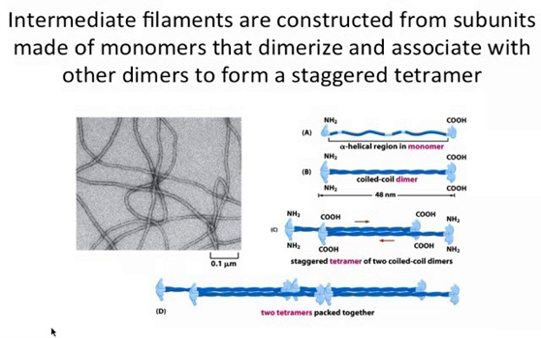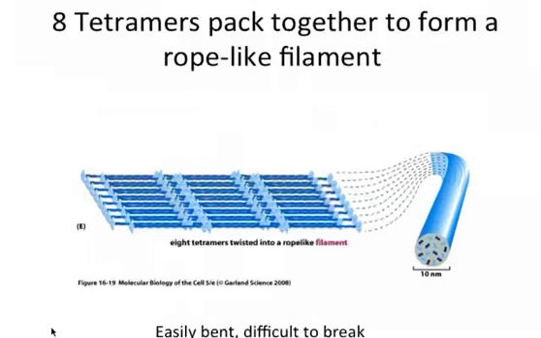There's no NTP binding involved, not like actin. Are you guys sensing already ways to compare things? Right? Okay, good. I saw some nods. No NTP binding site. There's no polarity in this case, and you're going to see that there's no dynamic instability when it comes to intermediate filaments.